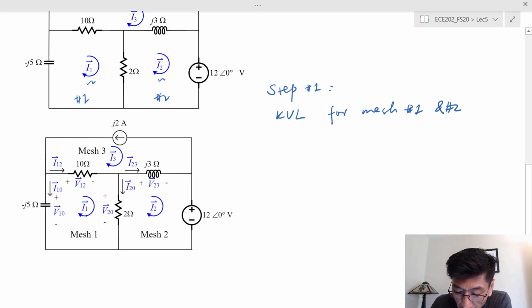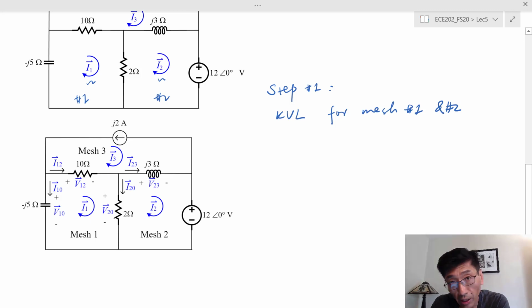And so let's see the first mesh, the KVL equation for mesh 1. The convention we follow is voltage drops once we choose the reference direction. In this case, for the reference direction we use the direction of the mesh currents. We already had the mesh current chosen in the clockwise direction, so we use the same clockwise direction to write the KVL equation.